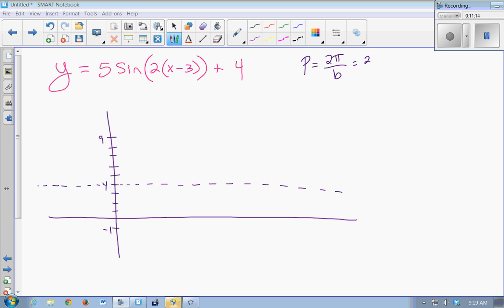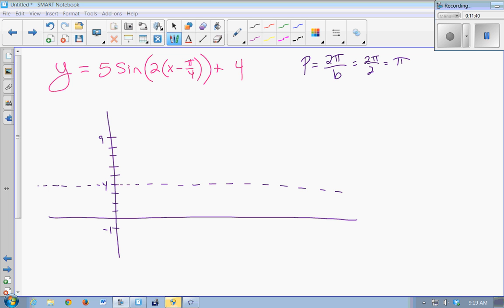So this is 2 pi over 2, or pi. Okay, so I'm going to mark off, this is a bad scale, let me just change this a little bit. There we go. I'm just changing the shift.